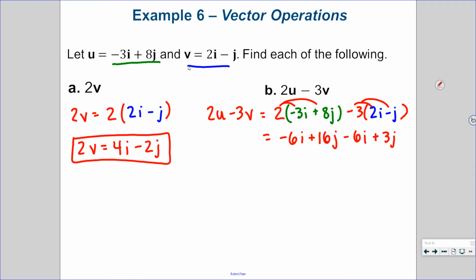Plus 3j. And then we know if we want to add or subtract, for that matter, 2 different vectors, we just add their component parts together. So their horizontal components would be negative 12. Vertical components, 19.